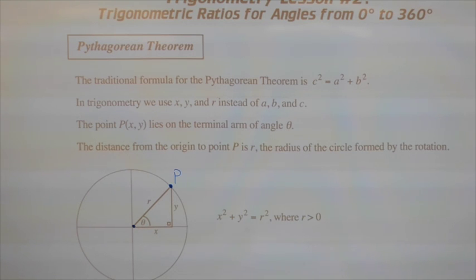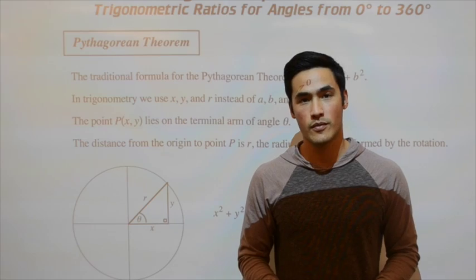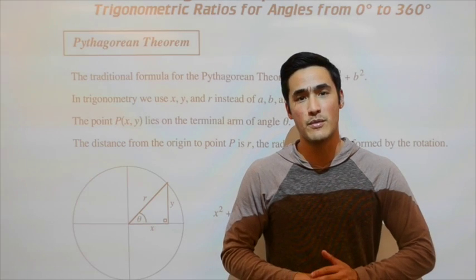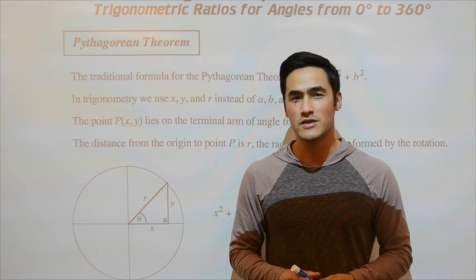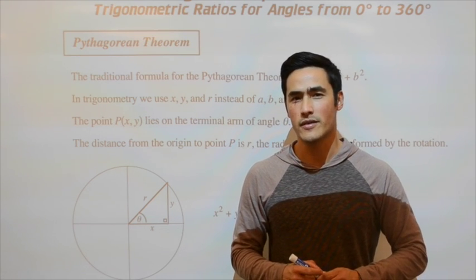The point P in terms of x and y lies on the terminal arm of angle theta, and the distance from the origin to point P is r, the radius of the circle formed by the rotation. At this point of the video, you might be wondering, what is the terminal arm of angle theta, and what is point P in terms of x and y?